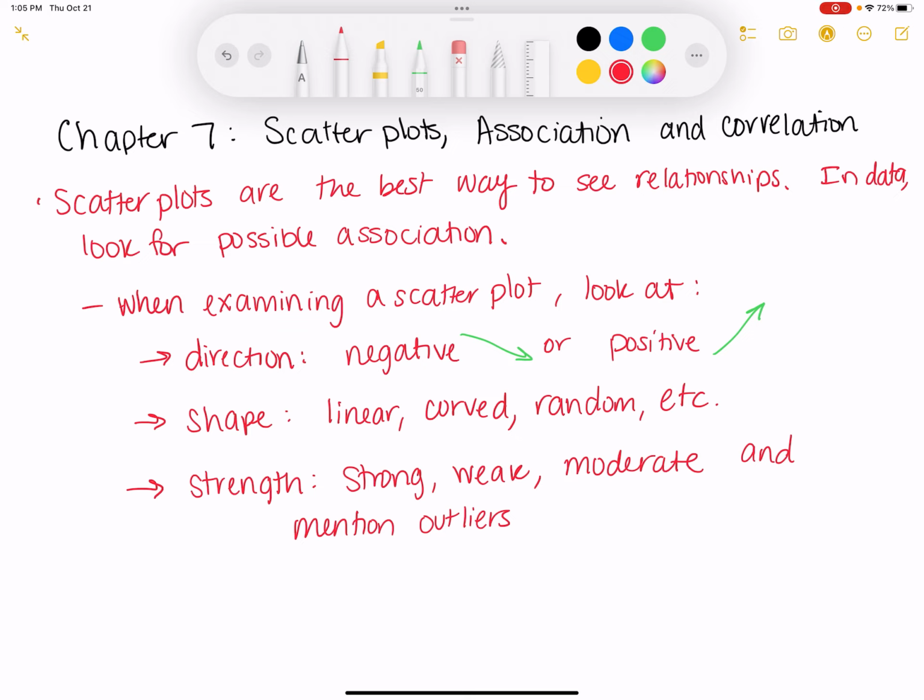And another thing that will go with that, and you'll see it when we do a picture in a minute, is that if all the dots are really tightly packed together, we say that it's strong. If they're packed together but not completely, we usually say moderately strong, or weak, depending on the case. And if they get really spread out, we would say it's weak. Okay, so we use descriptors when we're talking about our data.